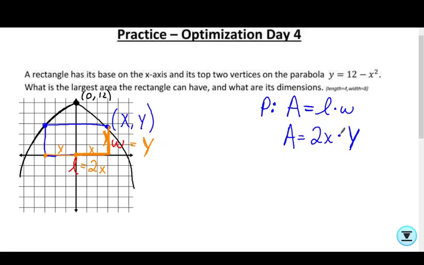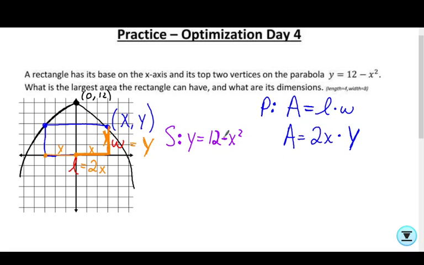Now, where does this y value come from? What is limiting? Because that's my secondary equation. My secondary equation is whatever my constraint or my limiting factor is. And in this case, what's limiting this rectangle is my parabola, specifically y equals 12 minus x squared. Some people call it your constraint. I call it my limiting factor, which is the secondary equation.